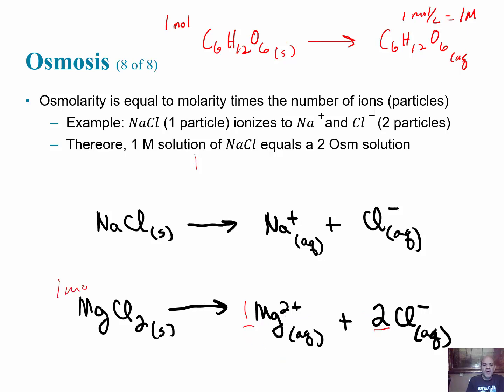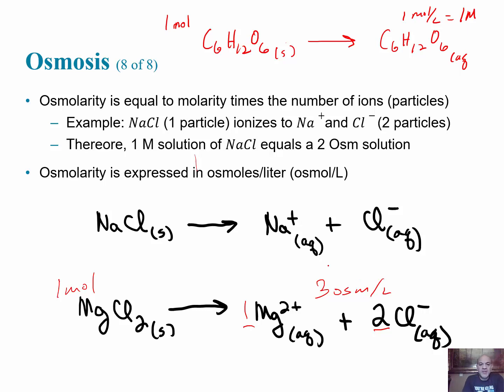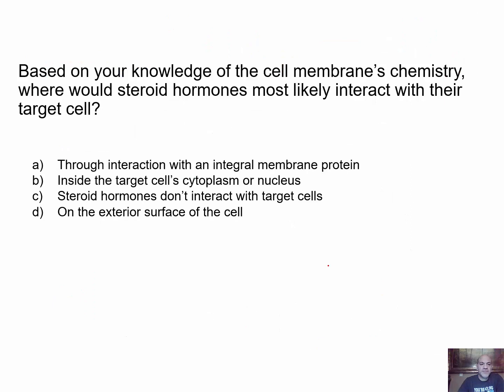So a 1 molar solution of this is going to give us 3 osmoles per liter in solution. So the osmolarity, when we express it, would be not moles per liter, but osmoles per liter, to indicate the total number of particles.